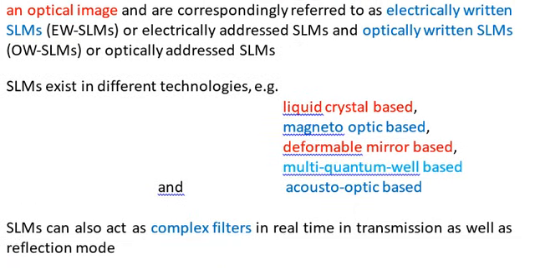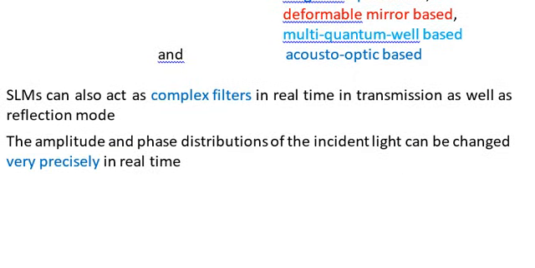The details of these are beyond the scope of this course. SLMs can also act as complex filters in real time in transmission as well as in reflection mode. The amplitude and phase distribution of the incident light can be changed very precisely in real time.